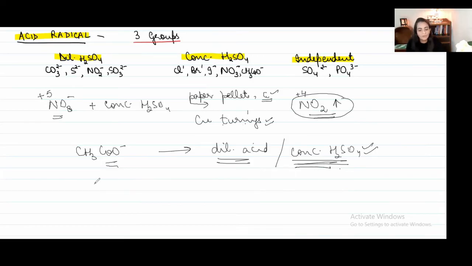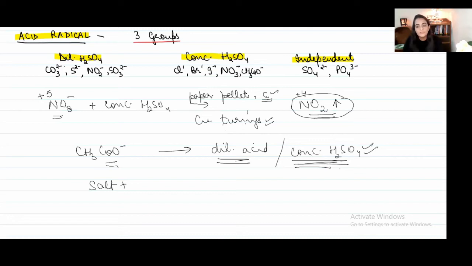So in case on adding dilute sulfuric acid and then concentrated sulfuric acid to the salt, we get no observation, we will conclude it might be sulfate or phosphate ion. So you will directly proceed with the confirmatory test first for sulfate. You are going to go for the barium chloride test, and if that also comes negative, then you proceed for phosphate.